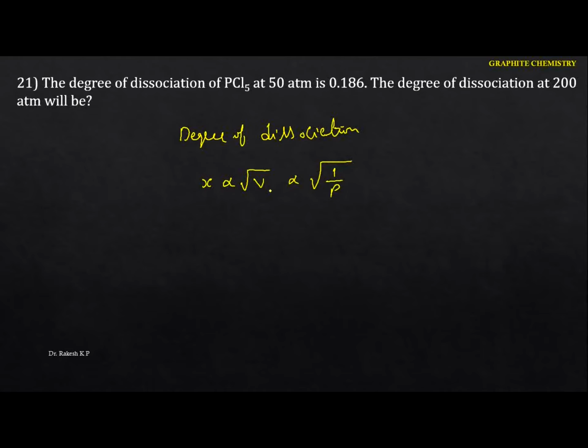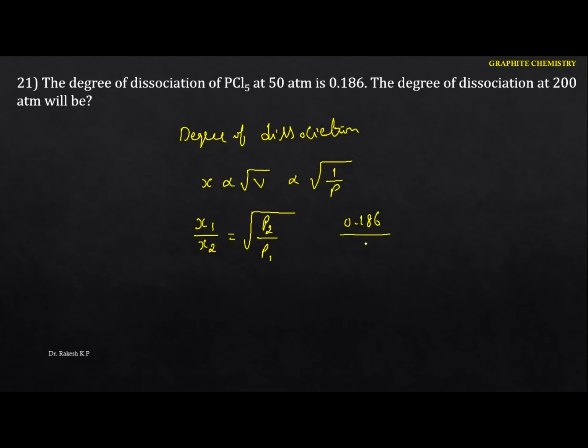So this is the relation. Let me take x1 divided by x2, but here they are given the pressure, so I am going to take this relation, which is equal to the square root of P2 divided by P1. So x1 they are given, that is 0.186.